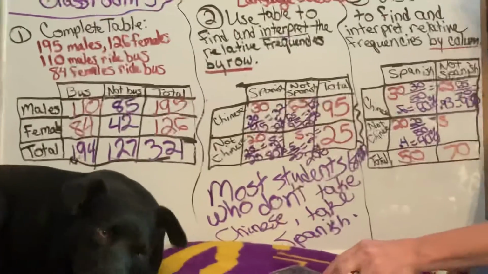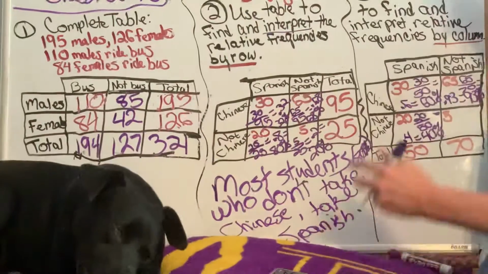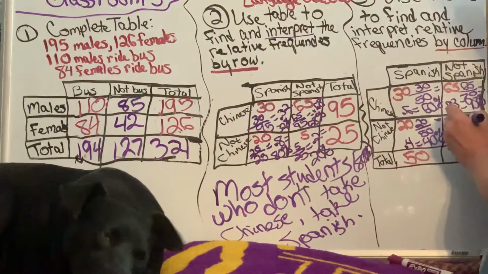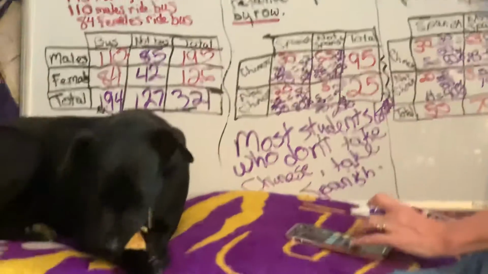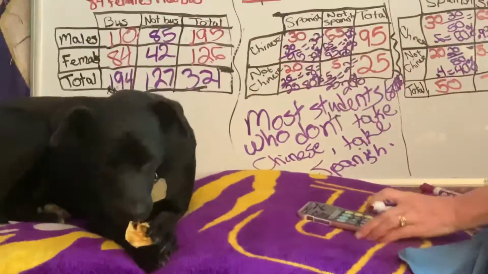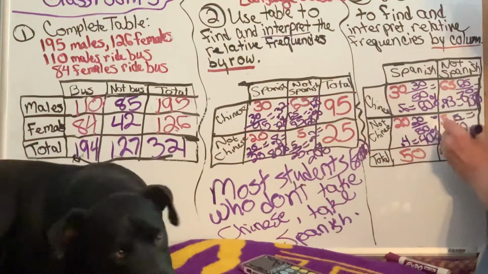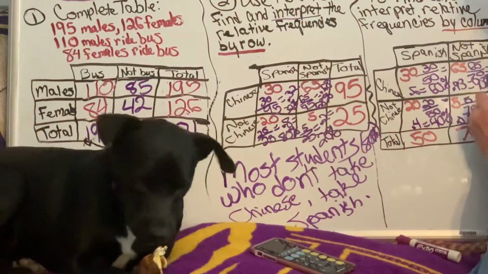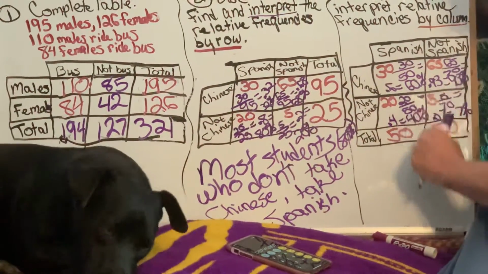This is why you want to use your calculator, to make sure that you don't have to round. And then 5 over 70 is about 0.07, or 7%. And again, our percentages come close to 100%.